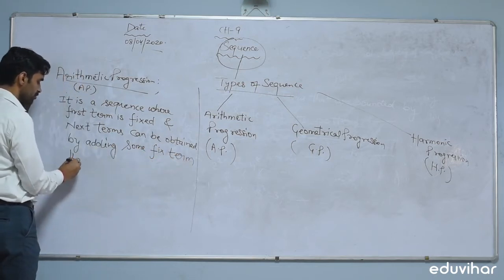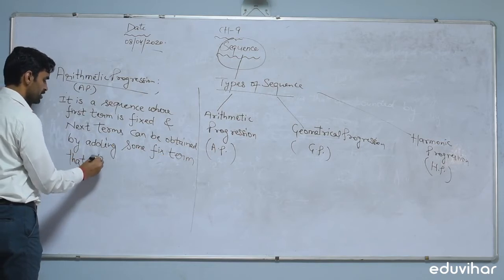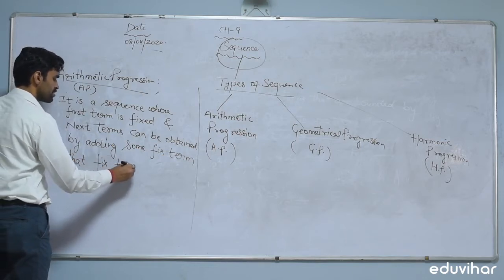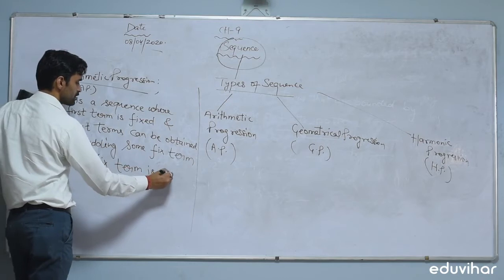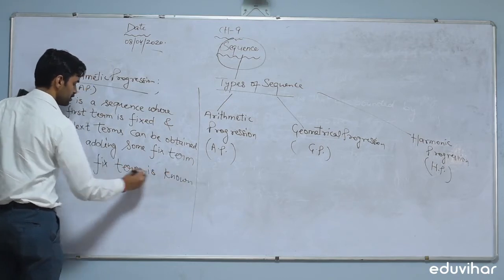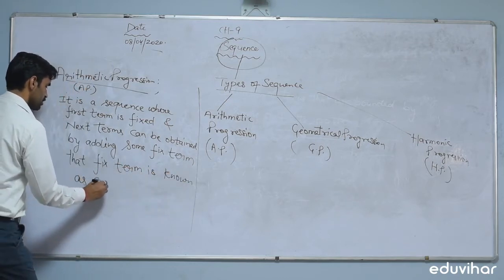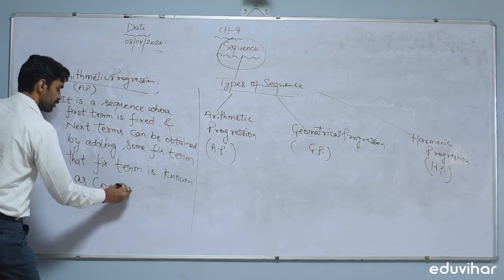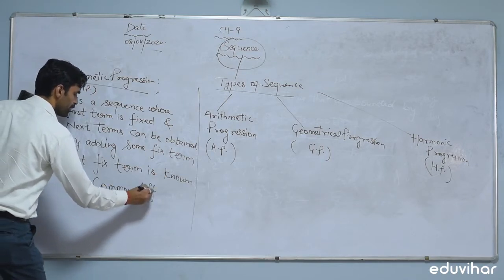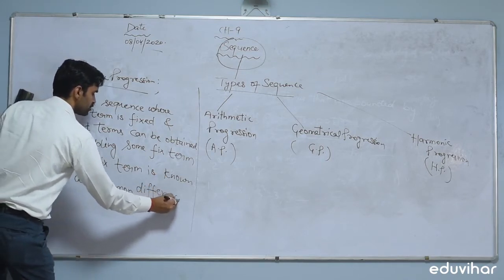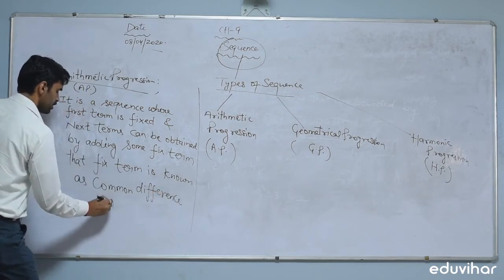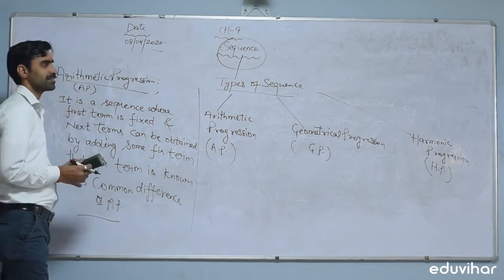That fixed term is known as the common difference of the arithmetic progression.